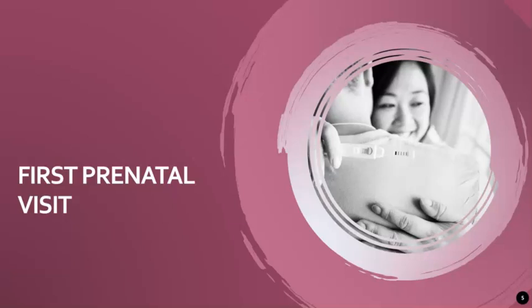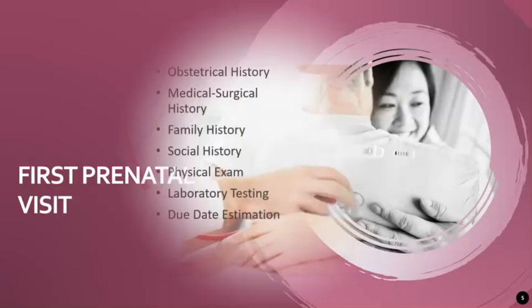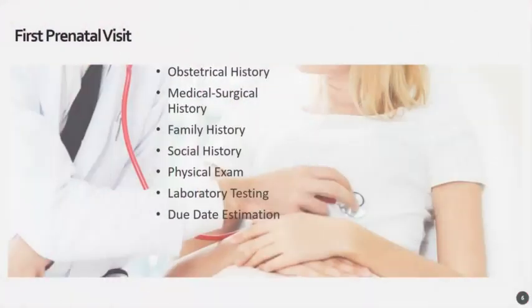The first prenatal visit is usually the longest because of obtaining the baseline data from which all the other subsequent visits are going to be based off of. The history is one of the most important elements of the first prenatal visits. During the first prenatal visit, all of these things will be done, and then we'll go over that in more detail with the next slide.